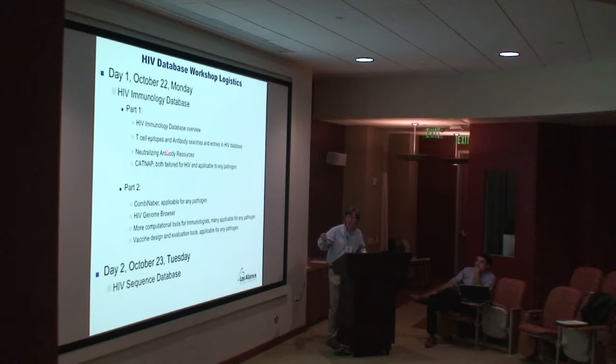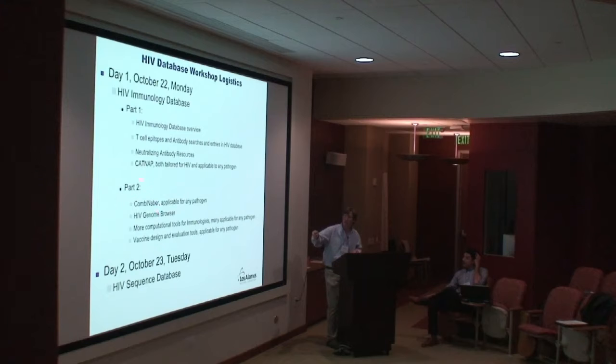What's done here. We'll talk about several of the tools and our way of doing database access. One key point is we have a bunch of tools for processing immunological data and sequences, some of which are specific to HIV, some of which are really absolutely general, and some of which are mostly for HIV, but can be applied with caveats to other pathogens.